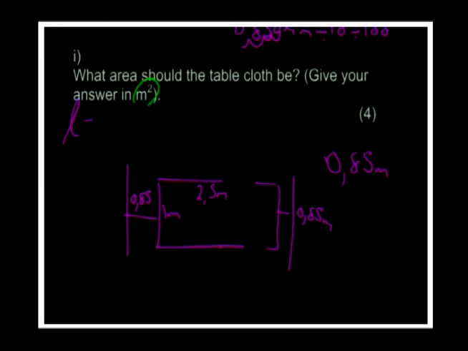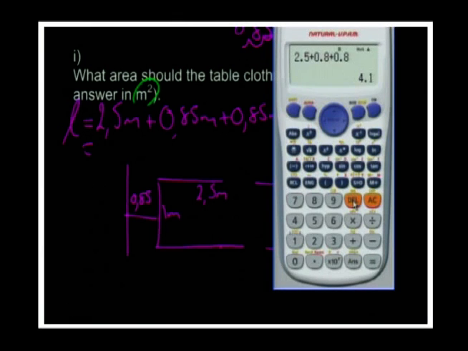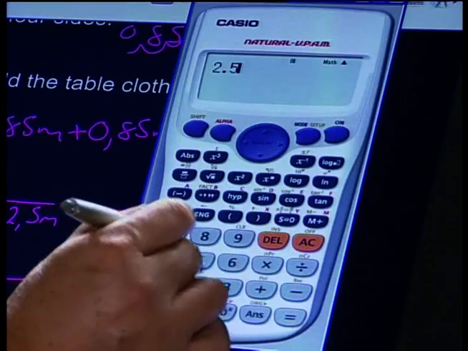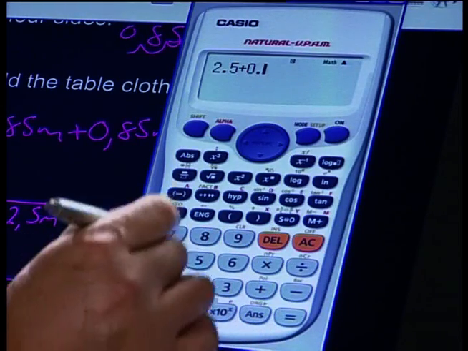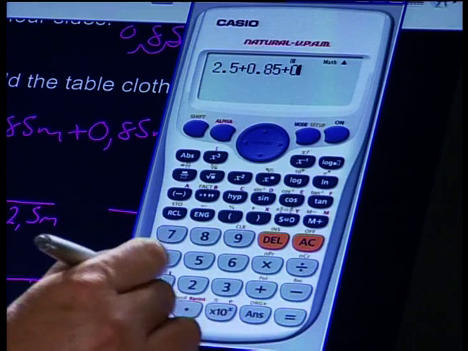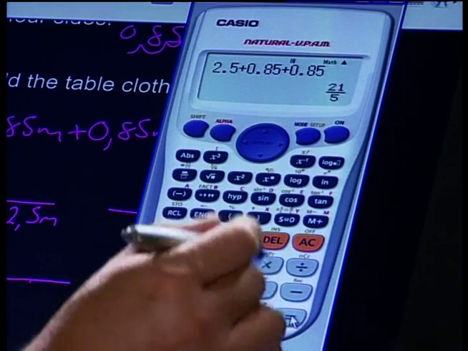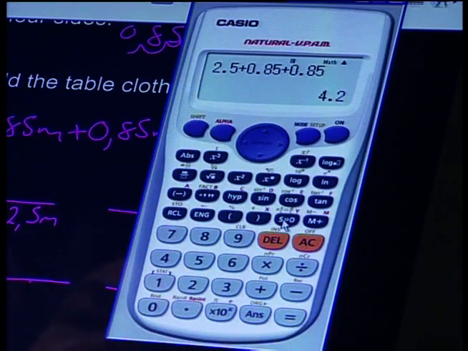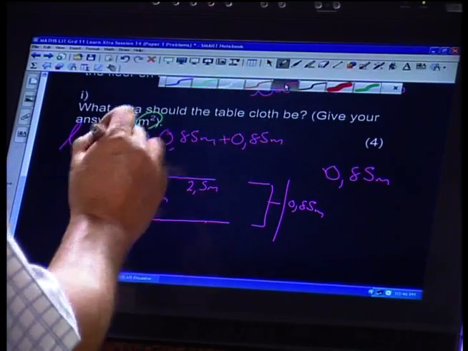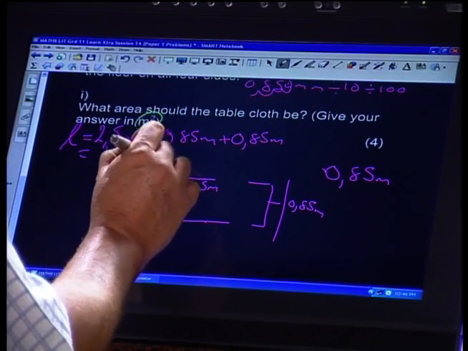So my length is going to be the length of the table, which is 2,5 meters, plus this extra bit of 0.85 meters, plus a further 0.85 meters. So 2.5 plus 0.85 plus 0.85 equals, and our answer is 4,2. So the length of the tablecloth I need is 4,2 meters.